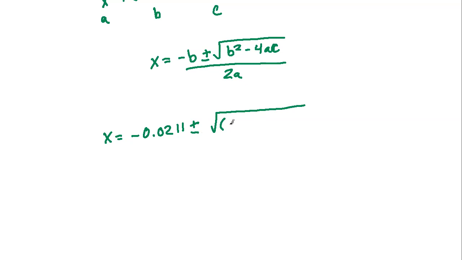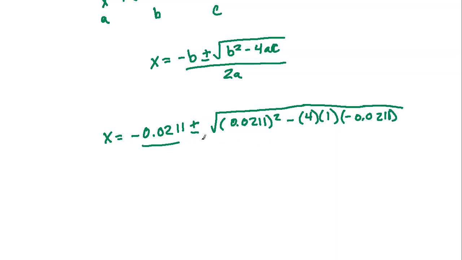So let's go ahead and write it all out first. 0.0211 squared minus 4. Now we said a is just going to be 1 in front of that x squared, and then c is negative because it's minus 0.0211. And then all of this is over 2a, and a is 1. So it'll just be over 2.